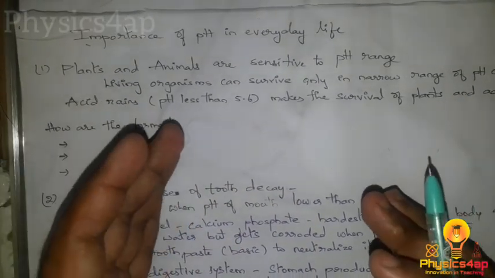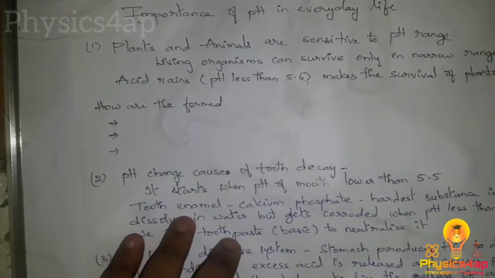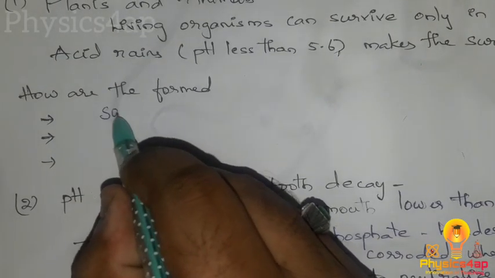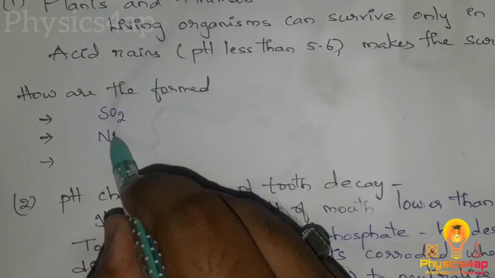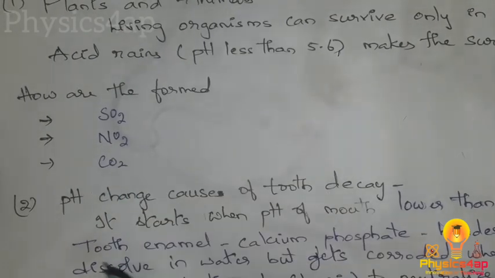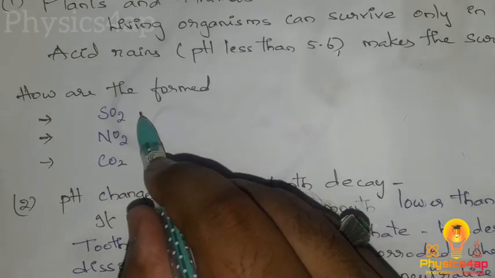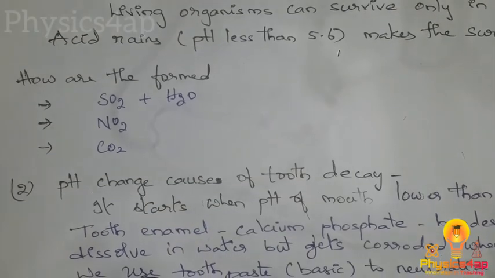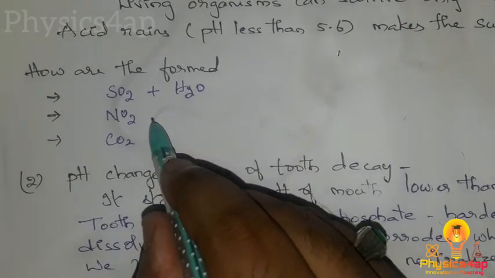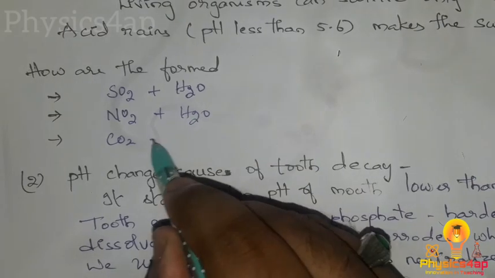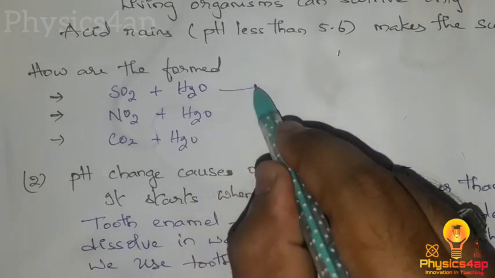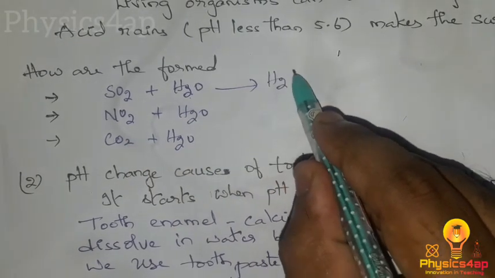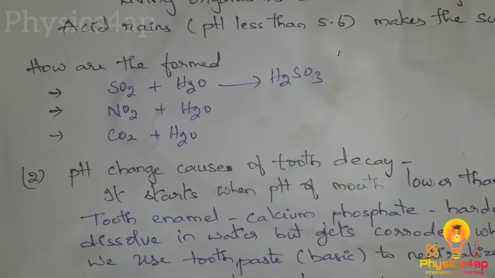But how is acid rain formed? Acid rain is formed due to the pollutant gases which are released into the atmosphere. We have pollutant gases like sulfur dioxide, nitrogen dioxide, carbon dioxide, and some other gases. When these gases, released from the factories, react with the water molecules present in the atmosphere, the sulfur dioxide reacts with the water to form H2SO3, that is sulfurous acid.